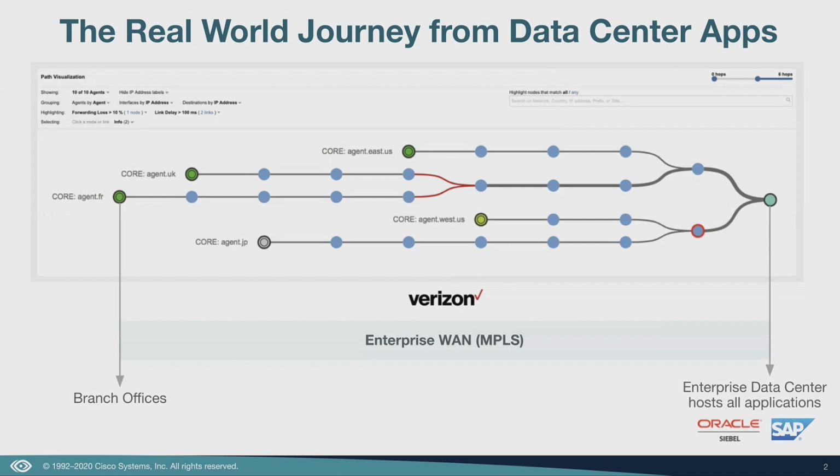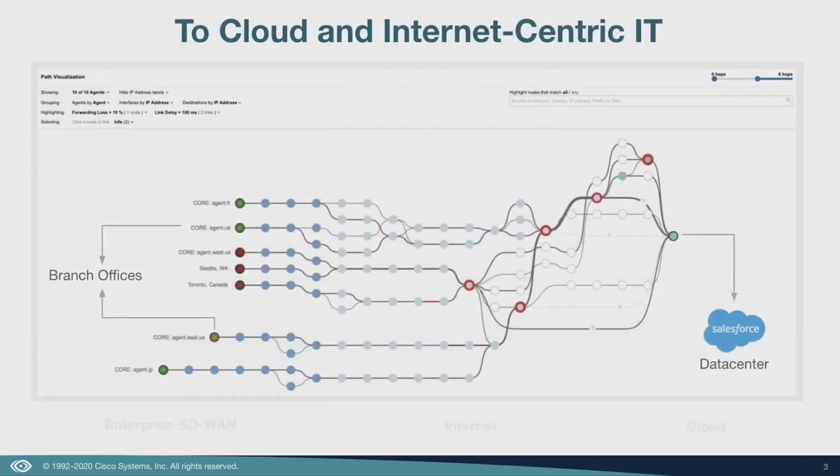And what we're seeing change a ton as these applications move to the cloud is an increase in the wider dependency across the internet and across other third-party networks that are now really part of the extended network that corporate IT needs to understand and be able to ensure that users are getting the best possible experience of the applications.